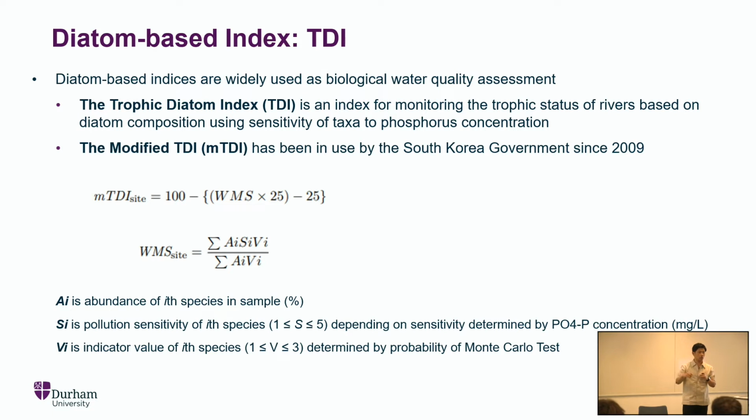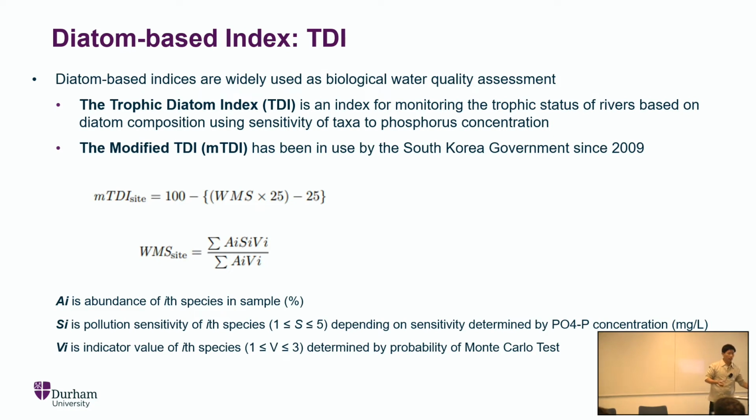So numbers close to 100 indicate a good condition of the river, and 0 indicates bad water quality. This index is based on the sensitivity of diatom taxa to phosphorus concentration in the water, and it is widely used in the country.